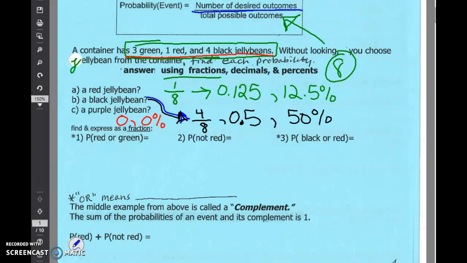For our next examples, we are going to pull out of the container red or green, probability of not getting a red, and probability of getting a black or a red. This or next to the little stars, for example 1 and 3, means that we are going to add the amounts of those jelly beans.